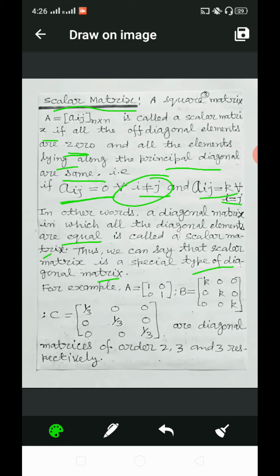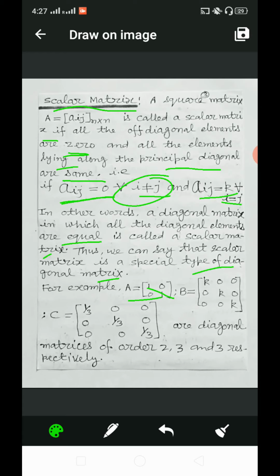Here the example: a square matrix A is equal to 1, 0, 0, 1. Here the principal diagonal elements are the same, that is 1, 1, and off diagonal elements are 0.